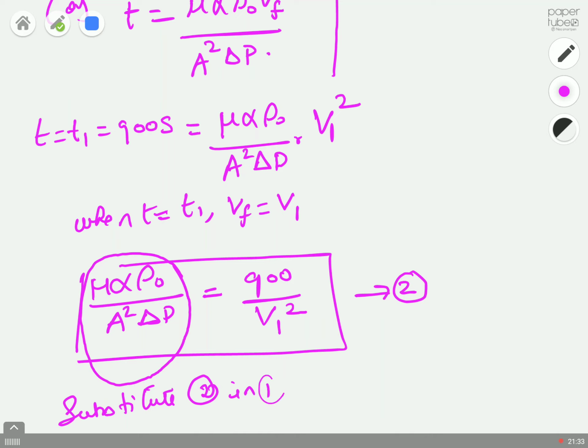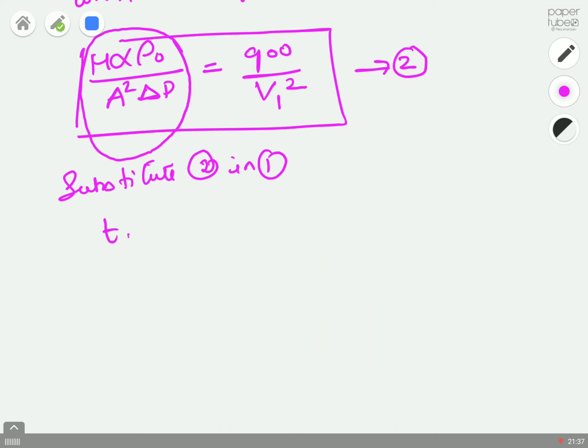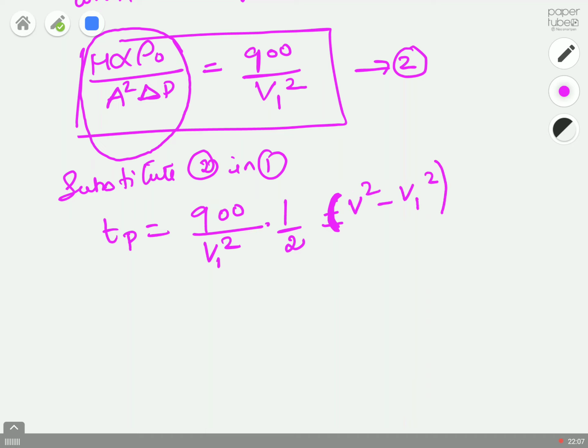So substitute 2 in 1. To get tp, it will be equal to 900 divided by v1 square multiplied by 1 by 2, multiplied by v square minus v1 square.